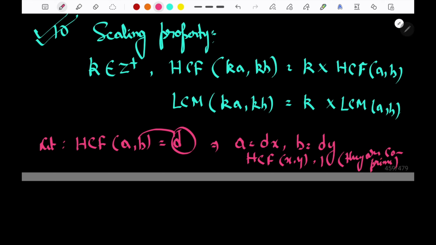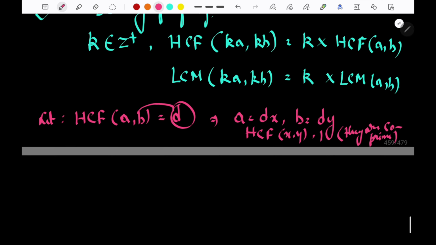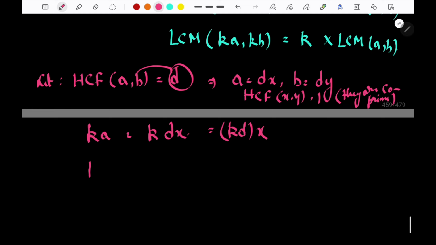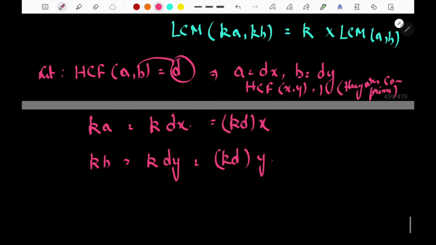So if they are co-prime, let's look at the numbers Ka and Kb. So Ka can be written as K into dx, that is Kd into x. Again Kb can be written as K into dy, which can again be written as Kd into y.